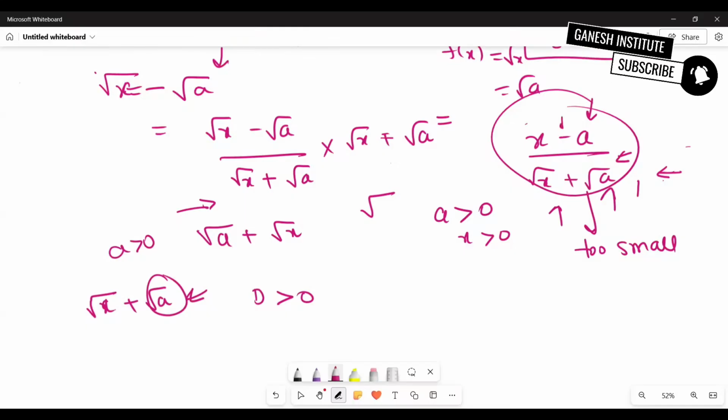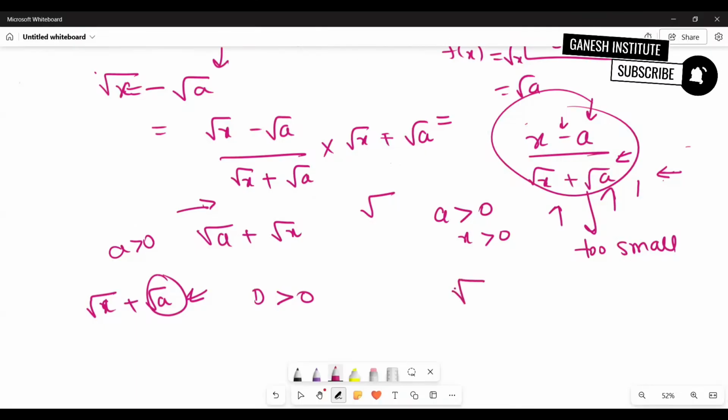If a is greater than x, then of course a subtraction is there in the numerator. The denominator is getting bigger and bigger, right? So now if the denominator is getting bigger, then the whole fraction is smaller.